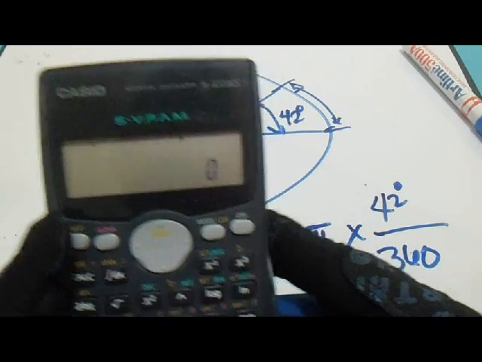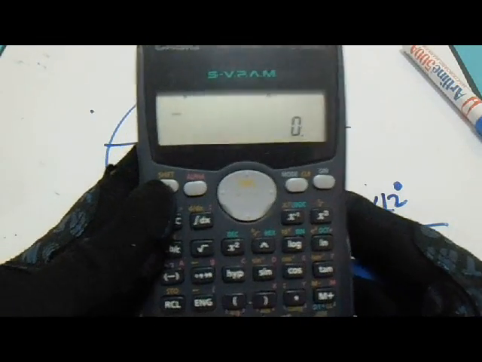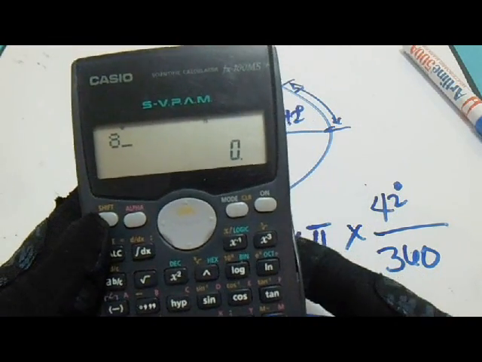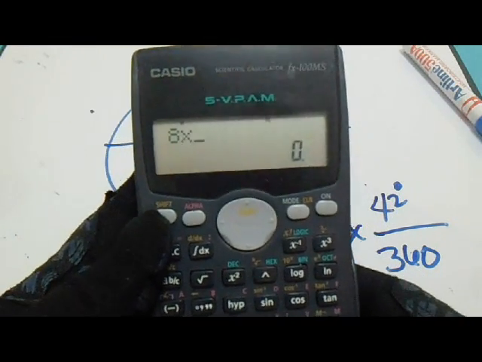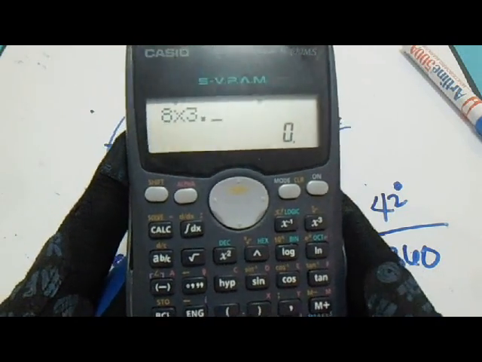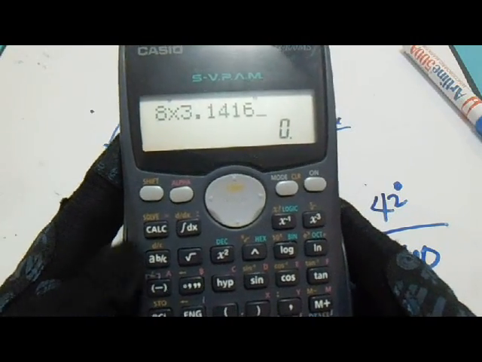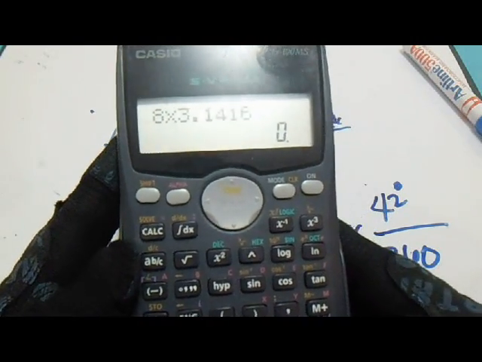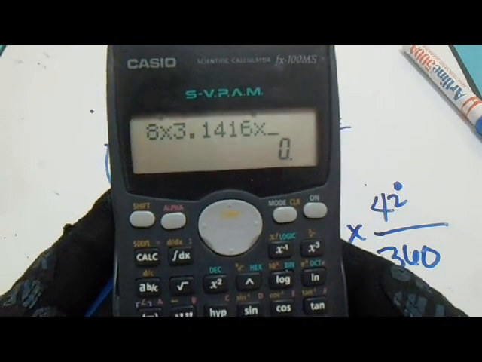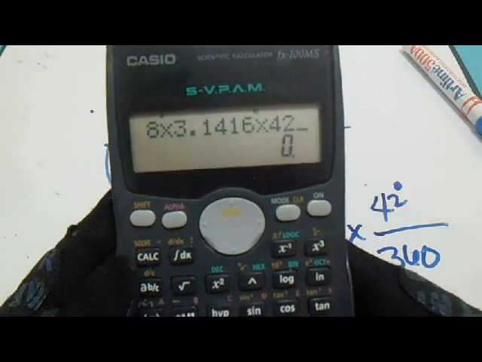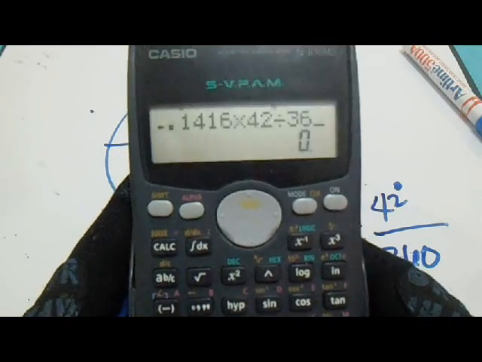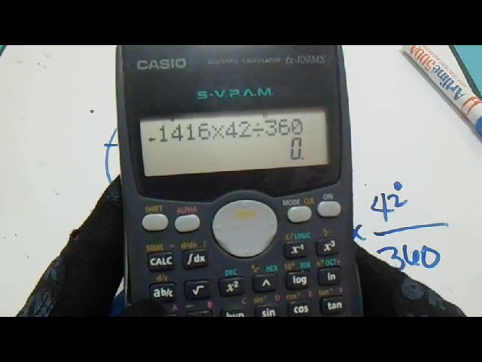So our diameter is 8 inch, multiply it to pi, so our pi is 3.1416, multiply it to 42, divided to 360, equals.